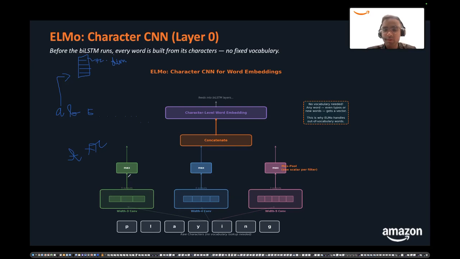We do convolution, we get max pooling, then we concatenate all of them to pass into the bi-LSTM layers. We can have some transformation in between to make the dimension less. The transformation can be a simple linear layer, or we can use some gating mechanism like highway networks. For now, to make the architecture simple, we would be skipping that transformation part, but just for the sake of completeness, I mentioned that.